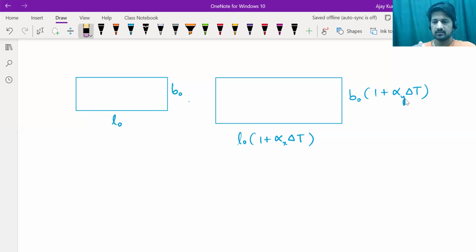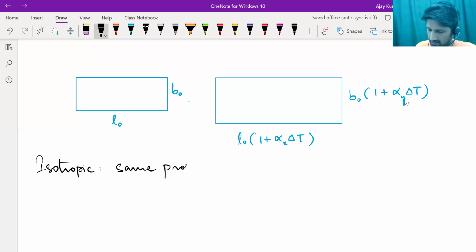Some materials display the same properties in all directions. So alpha along the x direction will be the same as alpha along the y direction. Such materials are called isotropic materials. Isotropic means same properties in all directions.